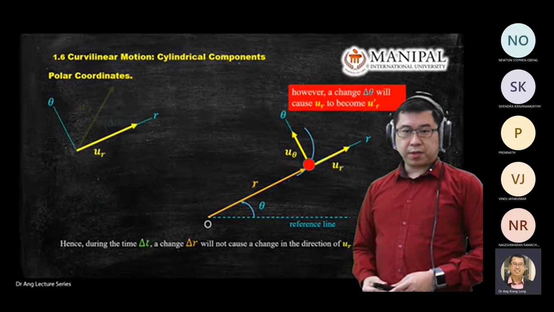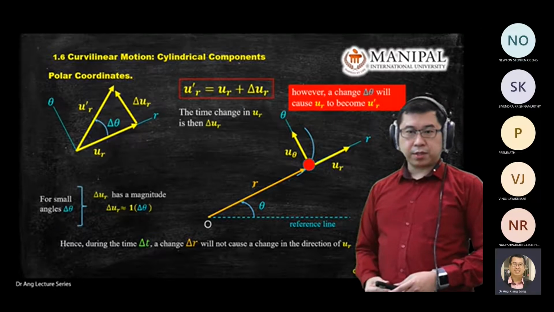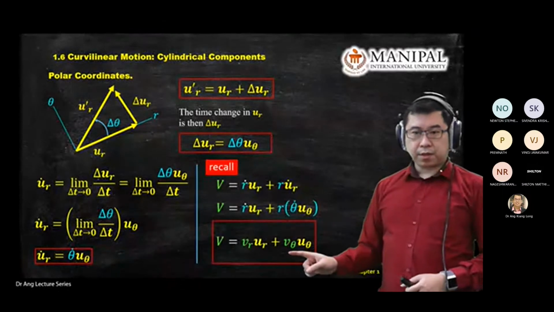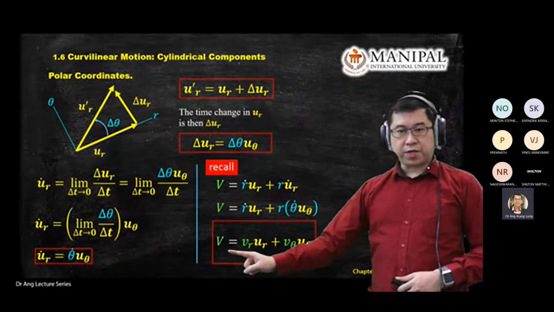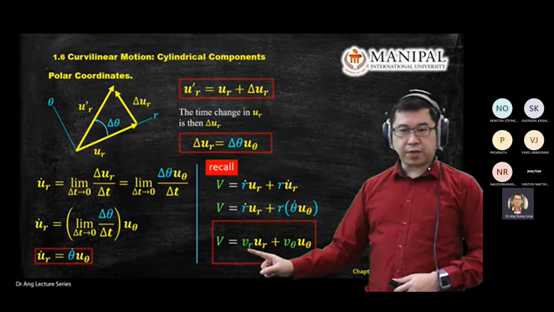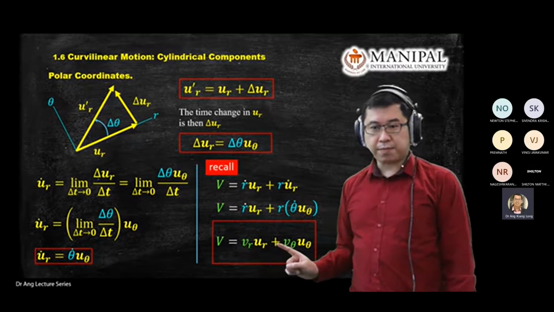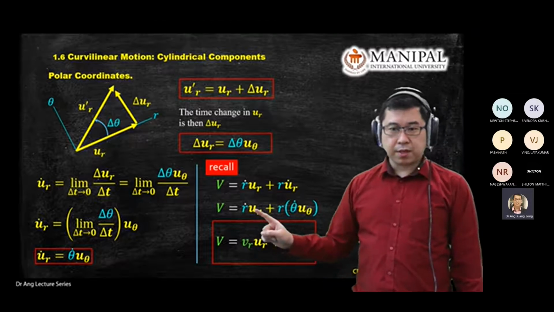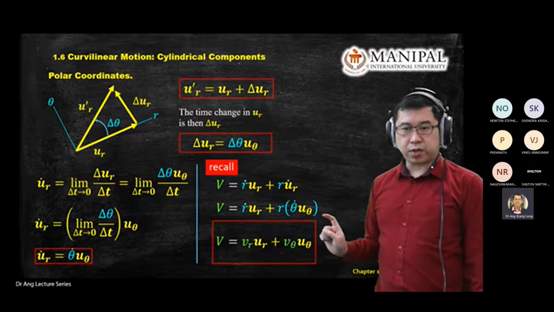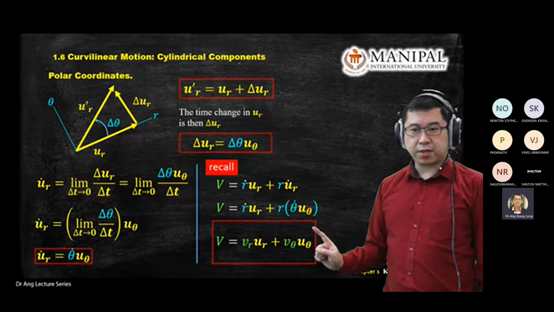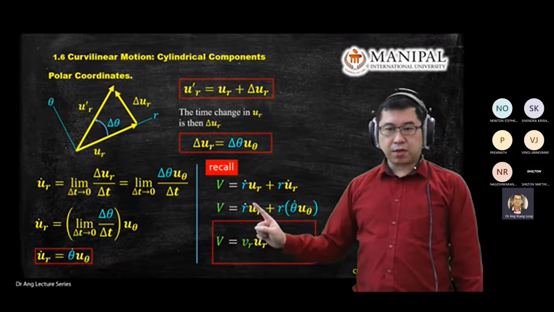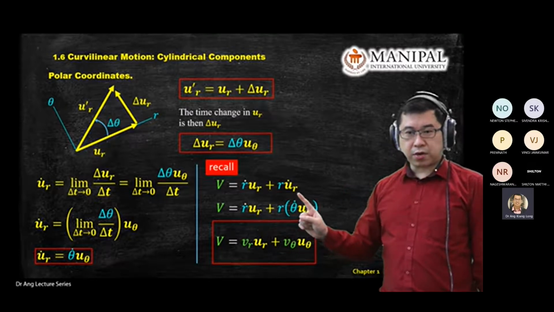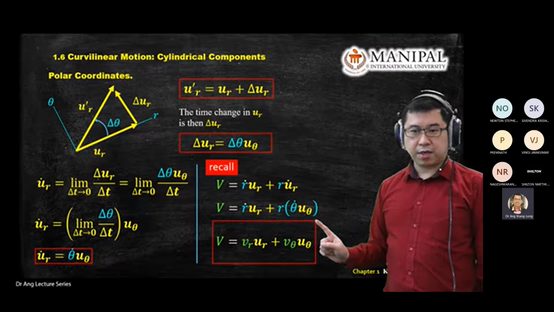Then we also covered the velocity equation. V equal to VR UR plus V theta U theta. I always like to include this equation in my answer. V equals R dot UR plus R theta dot U theta.